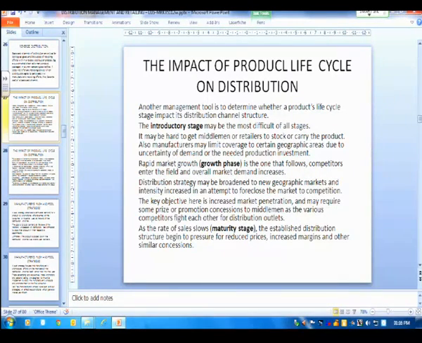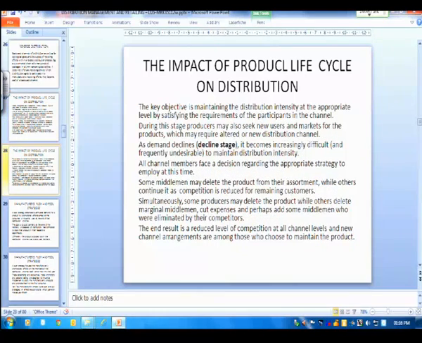As the rate of sales slows, which is the maturity stage, the established distribution structure begins to pressure for reduced prices, increased margins, and similar concessions.